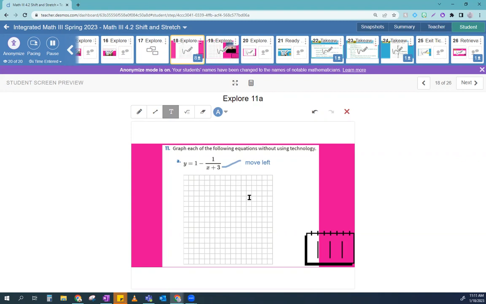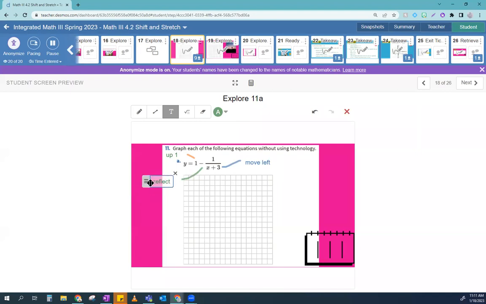Very good. So if you didn't know, let me just point at everything so that you guys all see. So someone said this guy moves it up 1, up 1. And then this guy over here, this guy makes it reflect.